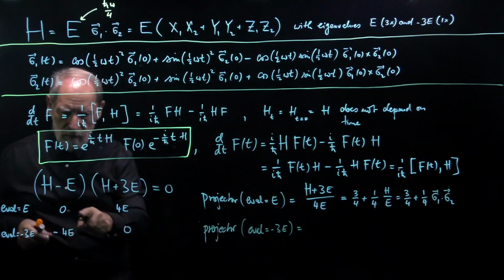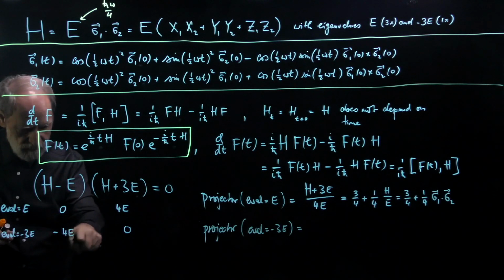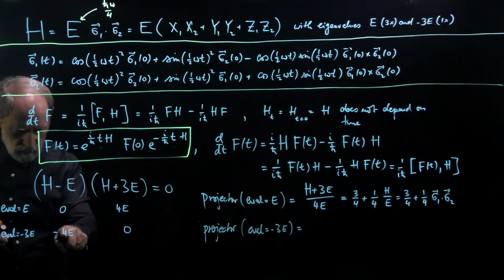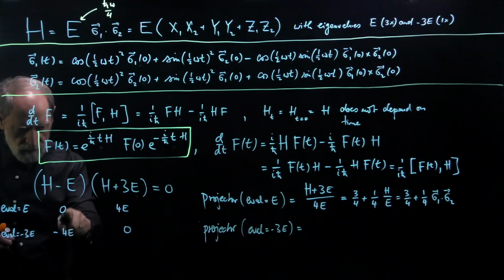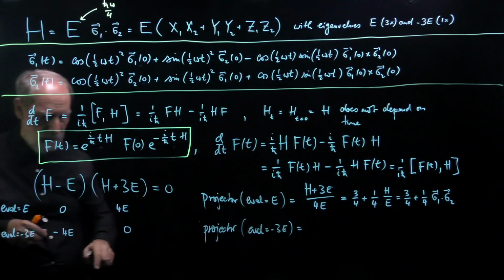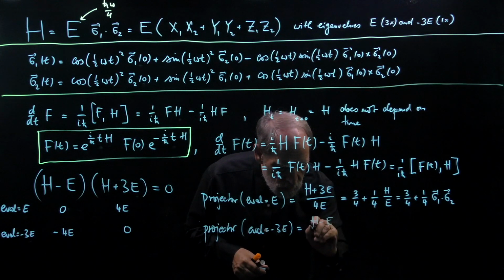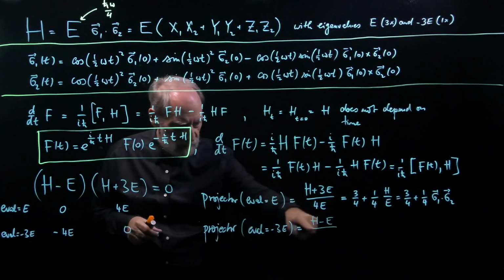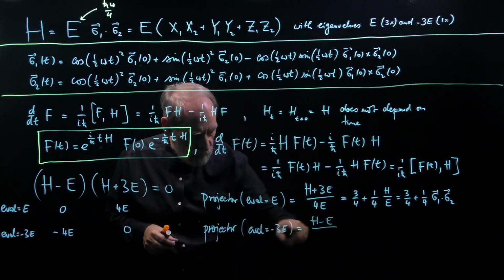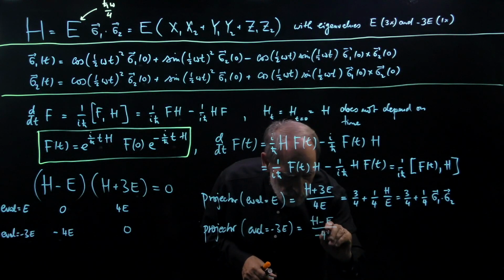Okay, so that will be a multiple of H minus E, because that has a finite value for this eigenvalue, and this factor is 0. Or more importantly, it has a value which is non-zero for this eigenvalue and 0 for the other eigenvalue. So we have H minus E, and now to make sure that this has the eigenvalue 1 when we insert minus 3E for H, we have to divide by minus 4E.